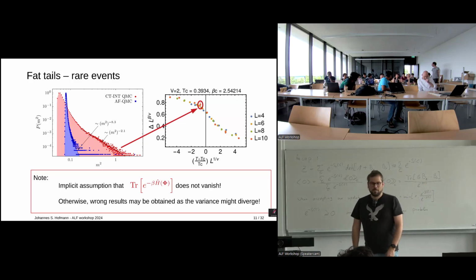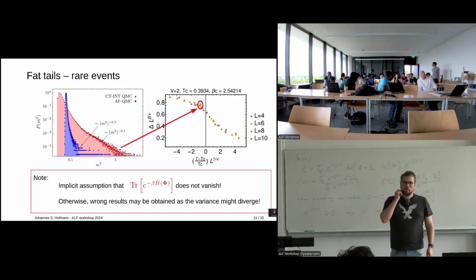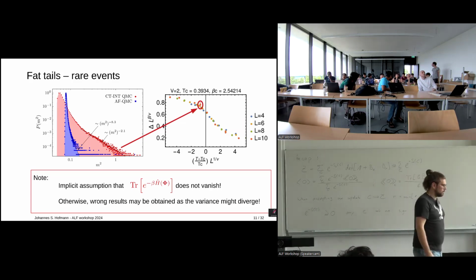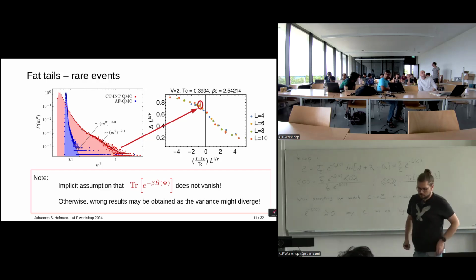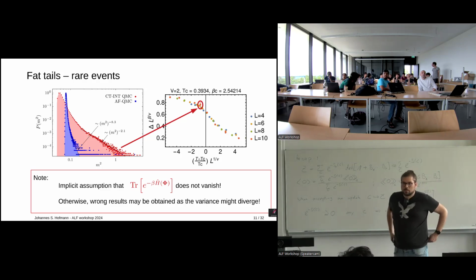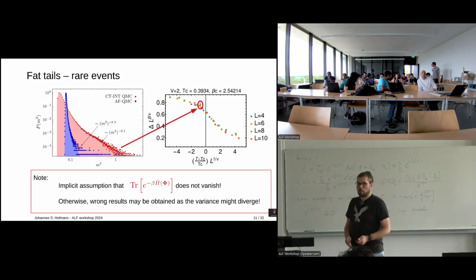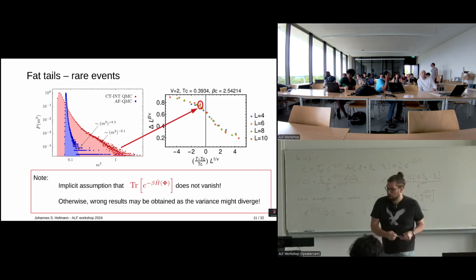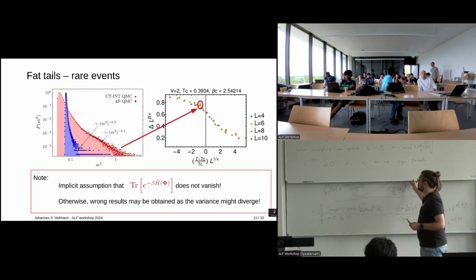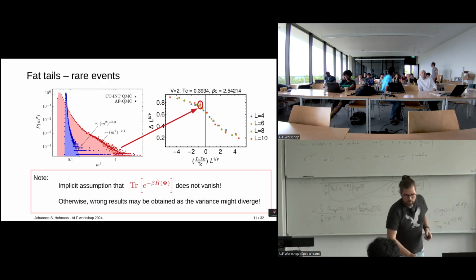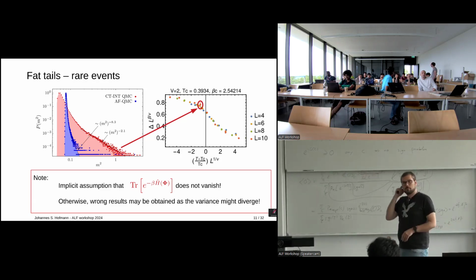One can actually prove a theorem about the dimensionality of the subspace which carries zeros of the determinant, basically the subspace where the weight of configurations is zero. This dimensionality is directly connected to the power law in this fat tail.